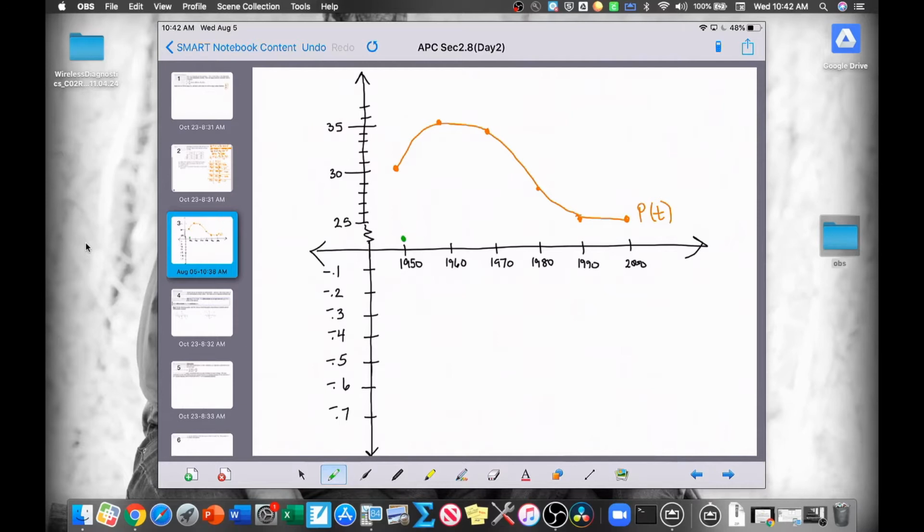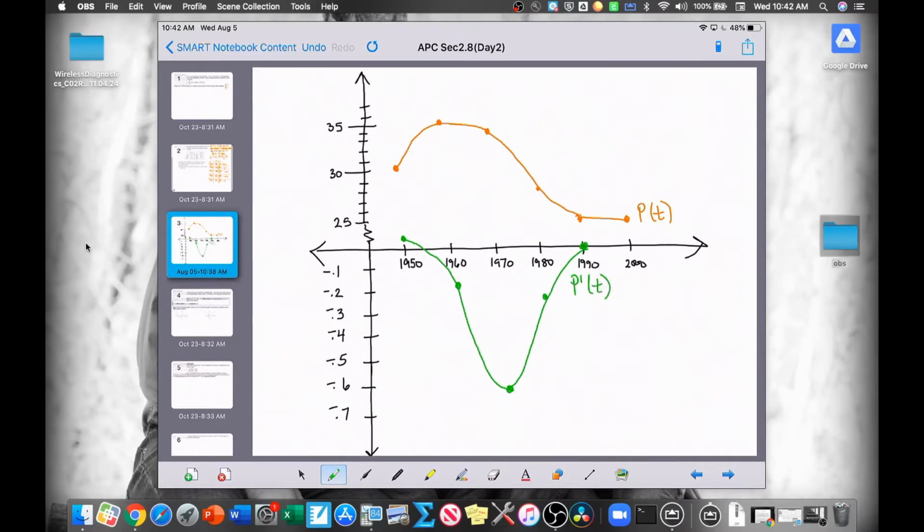And then in 1960, I'm at negative 0.17. 1970, I'm at negative 0.6. 1980, negative 0.23. And in 1990, I am at 0. Okay, so there is our graph of P prime of t.